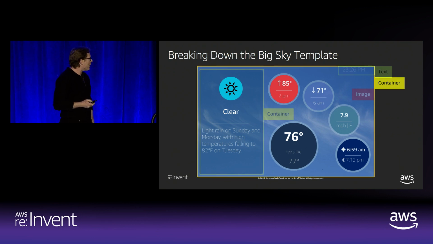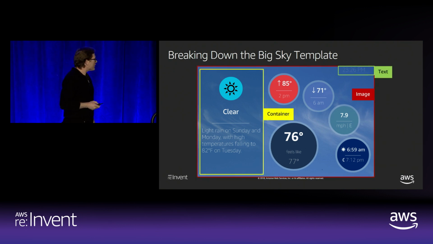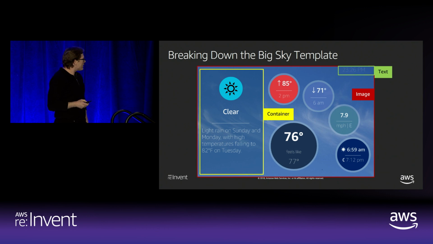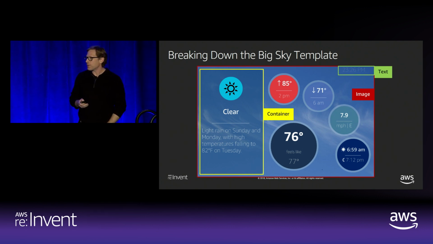Containers contain other APL components. For example, there's a text object up there that's, in this case, just showing the time. There's some images, for example, the background image. And importantly, APL containers can hold other APL containers.